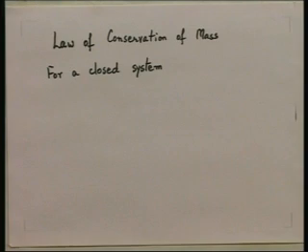For a closed system, the law of conservation of mass simply says the mass of a closed system, having matter of fixed identity, is a constant.